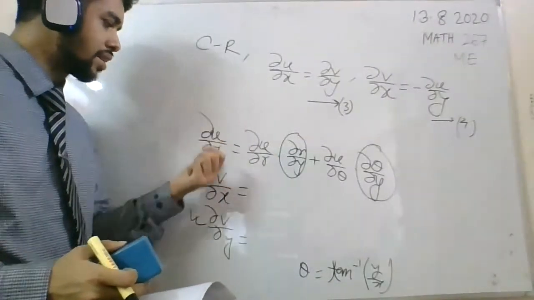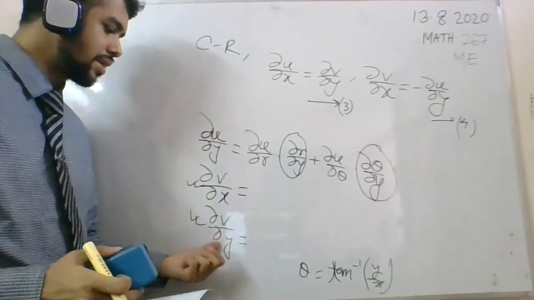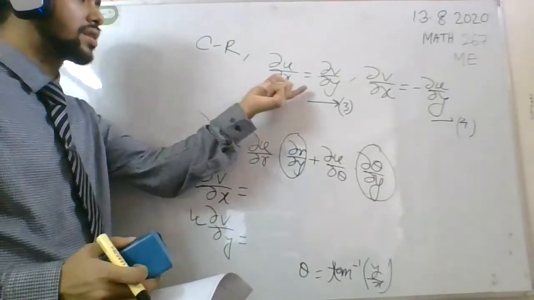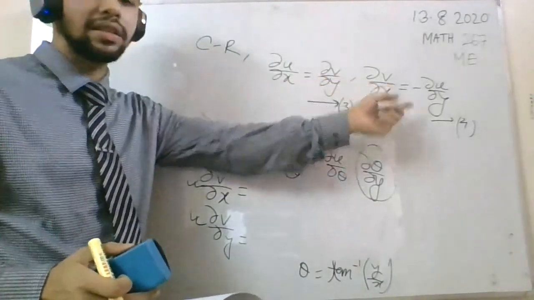So here just take a look. You can also find del u by del y, del v by del x, and del v by del y. And this is your Cauchy-Riemann equation, which is ux equals vy, and vx equals minus uy.